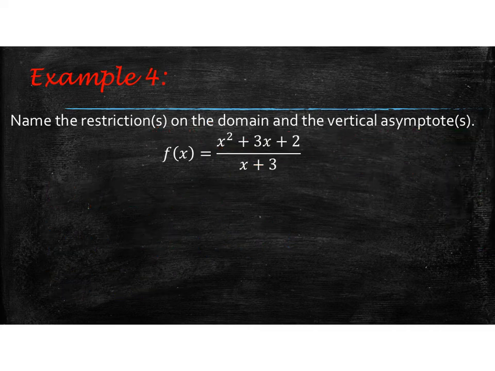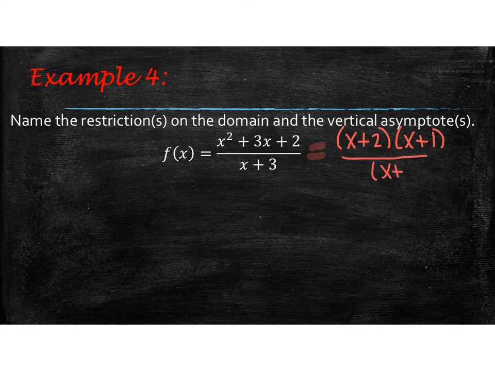All right, let's look at this next example. So go ahead and factor it. So if I factor the numerator, I get x plus 2 times x plus 1. The denominator just stays x plus 3. Now notice that there is nothing that cancels here, but I will go ahead and write down what my domain is.